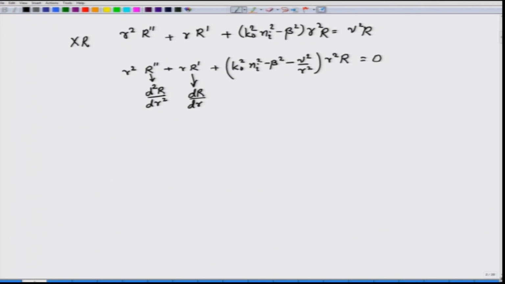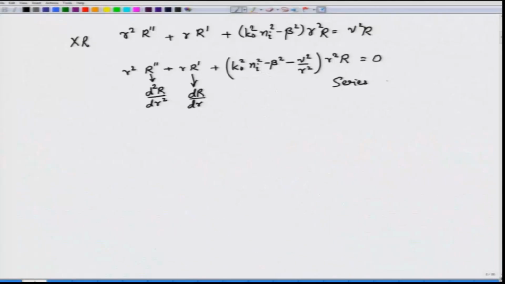This is the equation that we now have to solve. It is a second order differential equation, but a very special one which has to be solved by what is called series methods, something that you must have studied in your engineering mathematics courses.